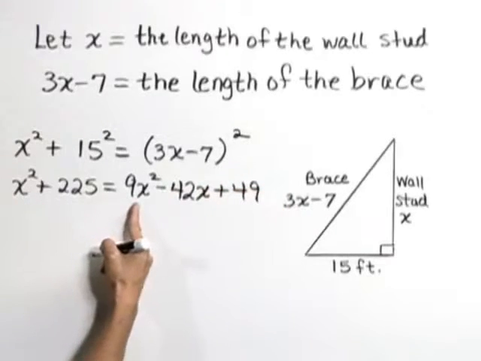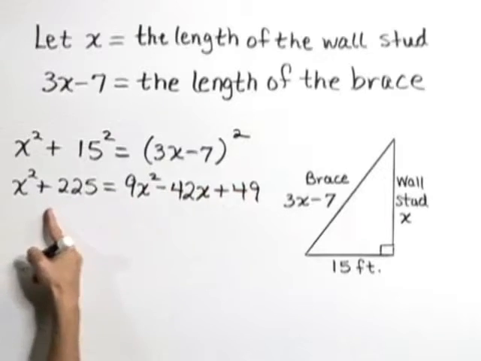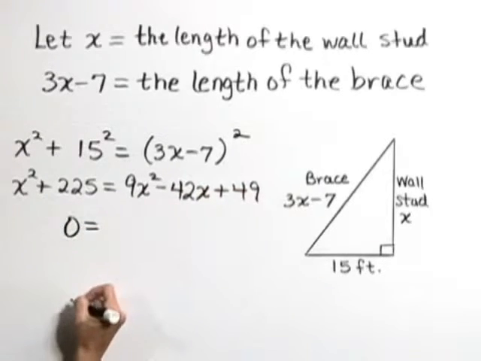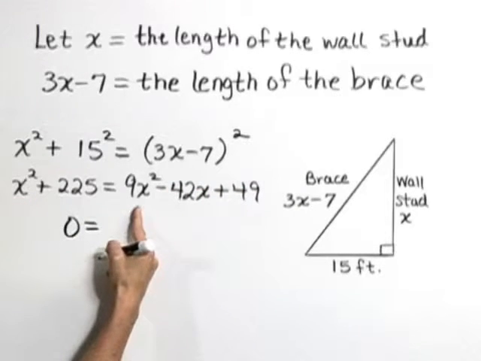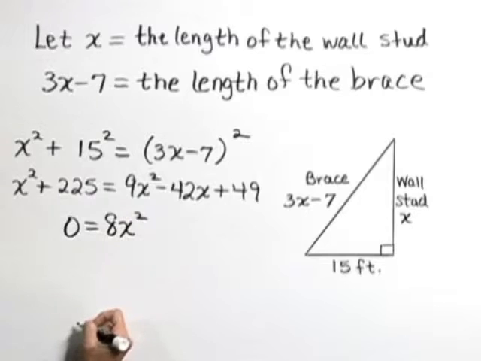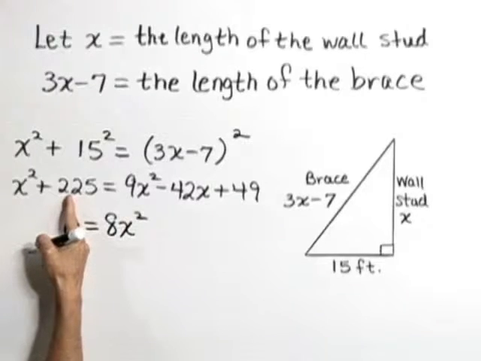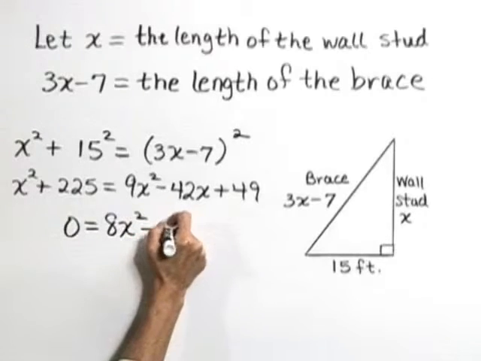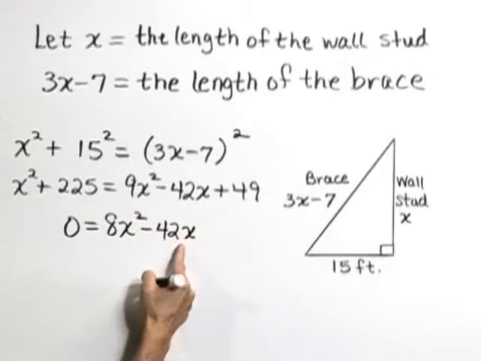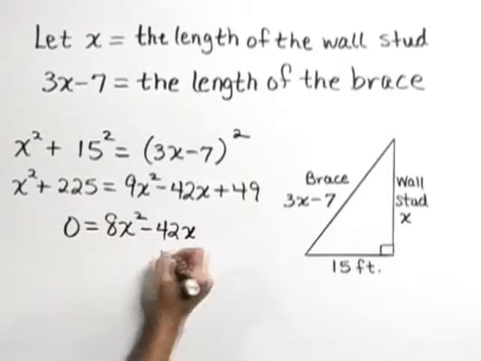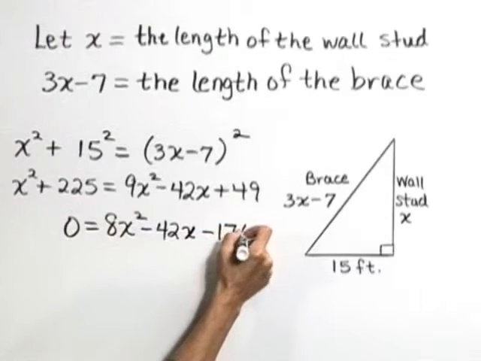So we see we have a quadratic equation. Let's put it in standard form, moving all of our terms to the right so that we have that set equal to 0. Subtracting x squared from both sides, we get an 8x squared on the right. Subtracting that 225 from both sides, we'll have, don't forget your minus 42x, and then 49 minus 225 is a negative 176.